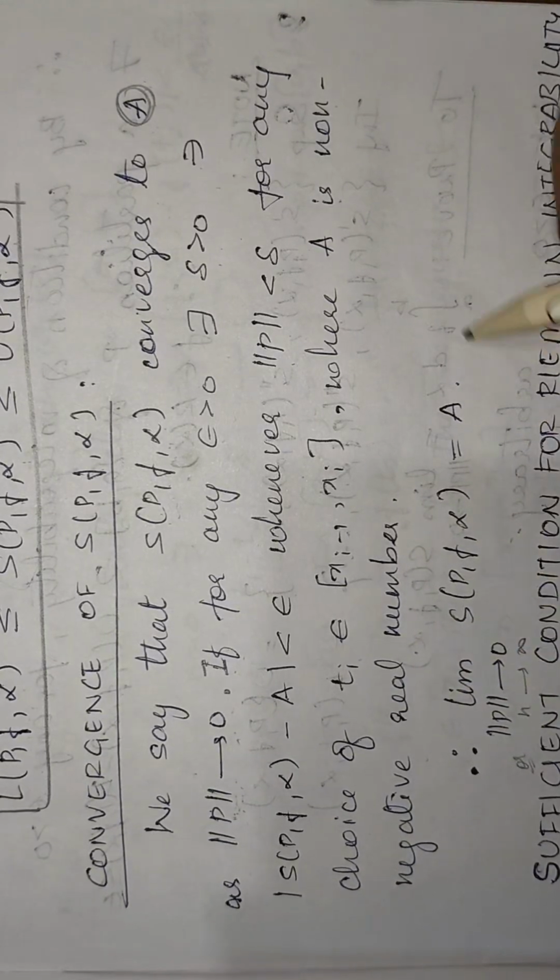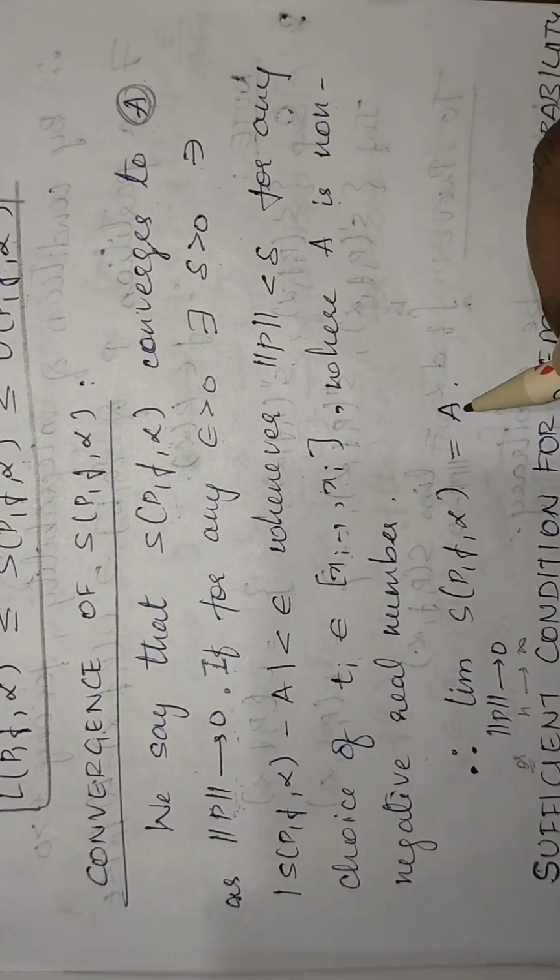So we denote it like this: the limit of S of p comma f comma alpha as norm p tends to 0 is A.